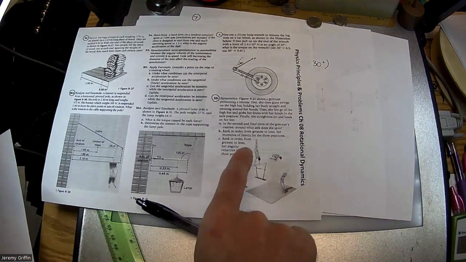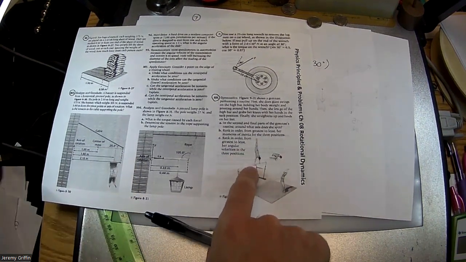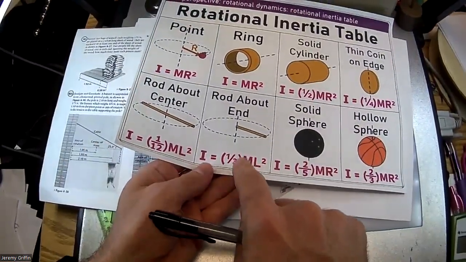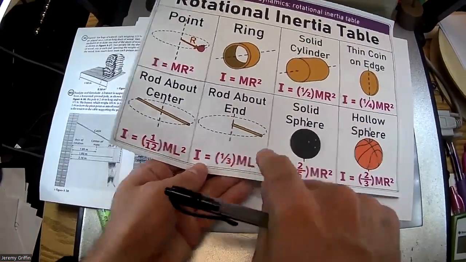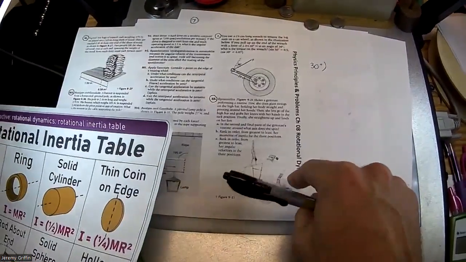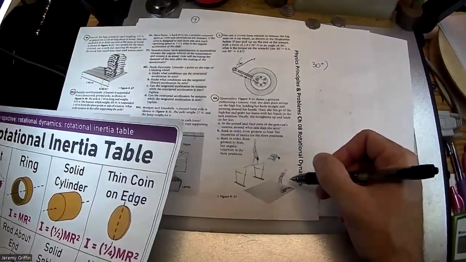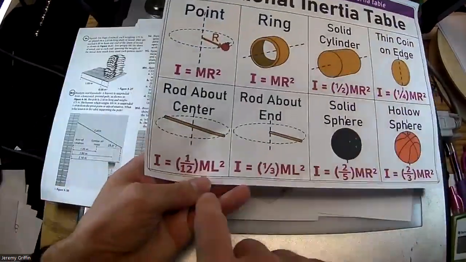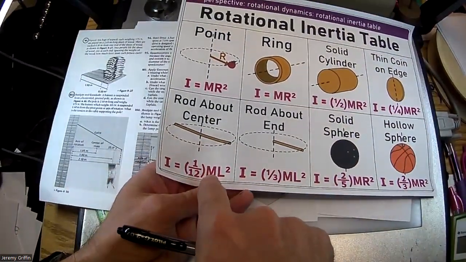If you're spinning about an endpoint, we get 1/3 ml squared, where m is the mass and l is the height of the person. Versus if you're rotating about your own center, which I think is picture C, coming in for the landing a millimeter above the ground, that's more like 1/12 ml squared.